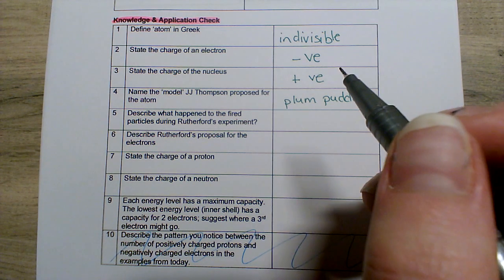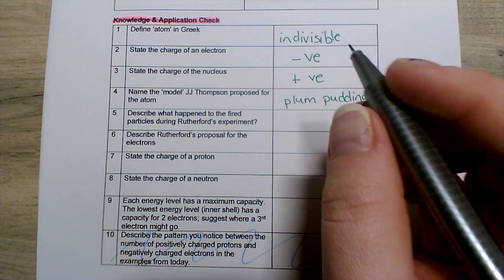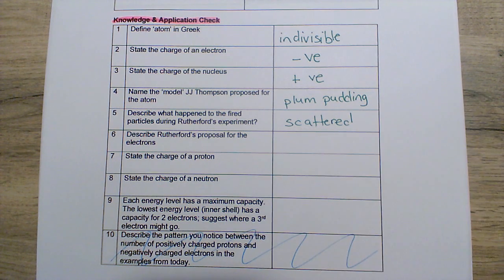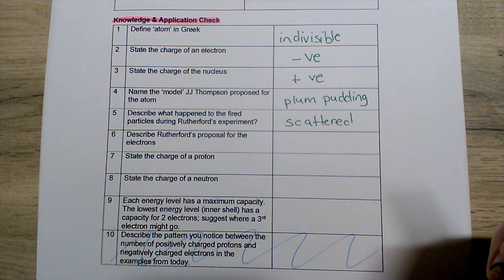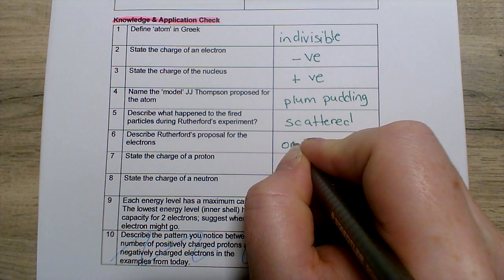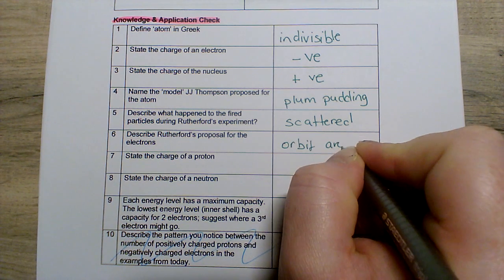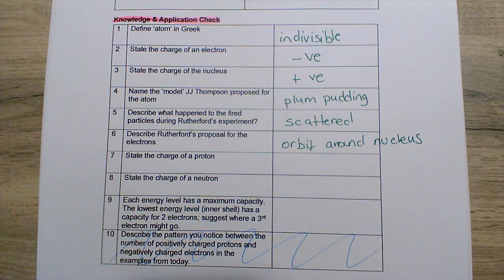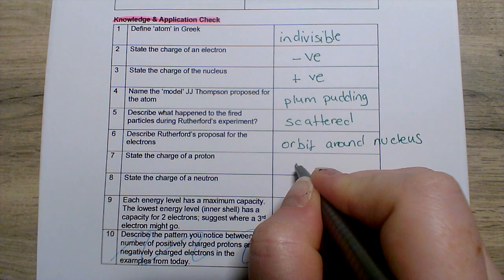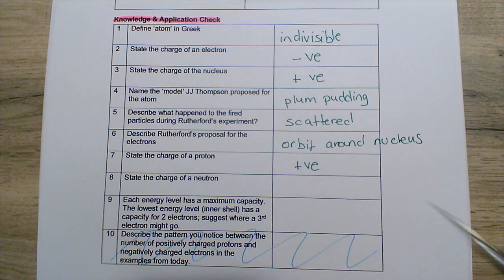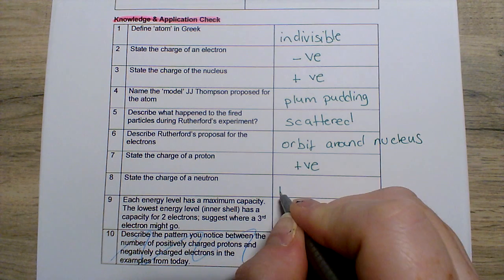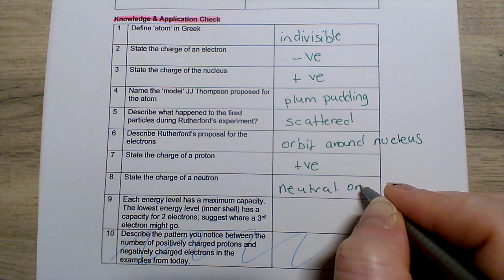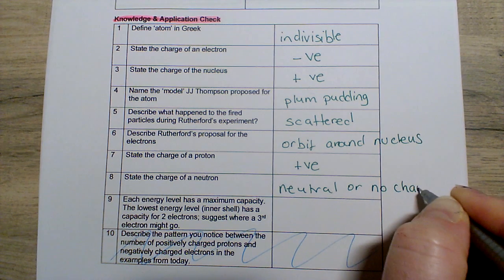The particles in Rutherford's experiment were scattered. Rutherford's proposal for the electrons was that they orbit around the nucleus. The charge of the proton is positive. The charge of a neutron is neutral or no charge.